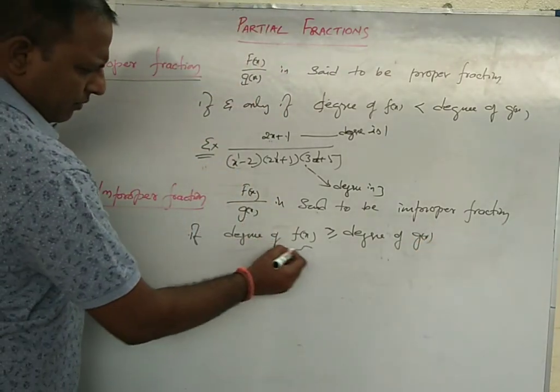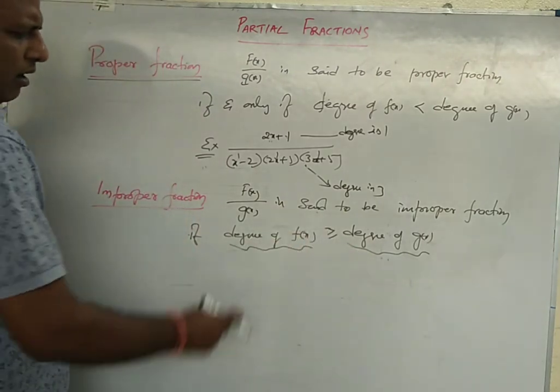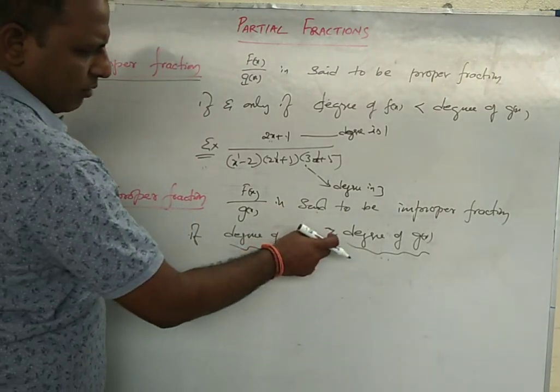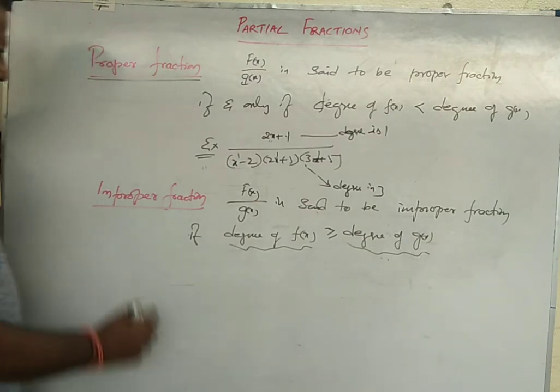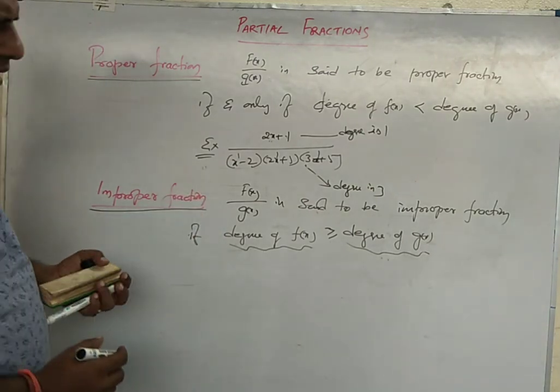If the degree of f of x is greater than the degree of g of x, or the degree of f of x is equal to the degree of g of x, then the fraction is called an improper fraction.